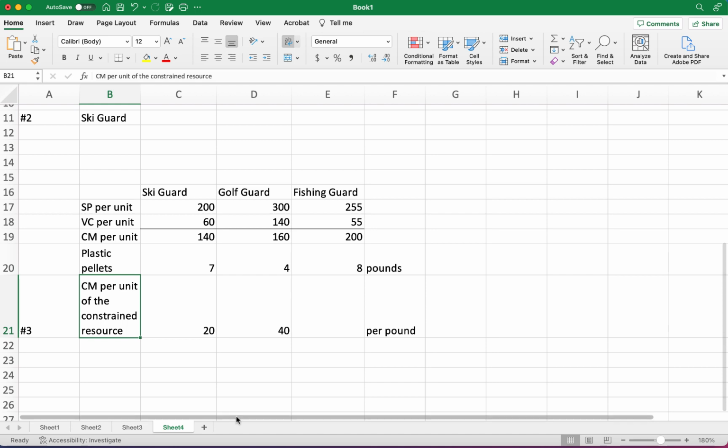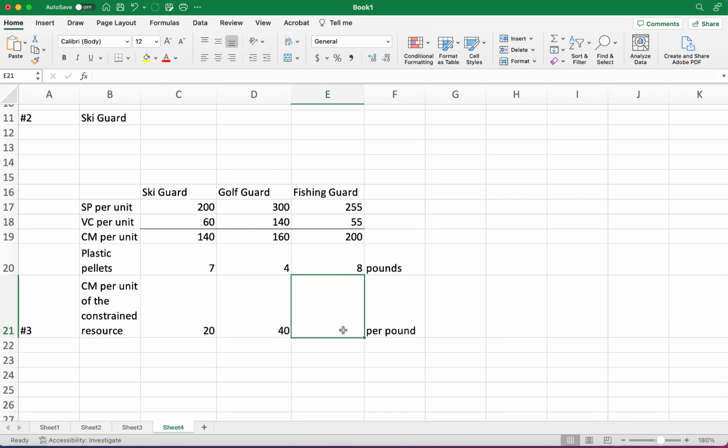Plastic pellets. I just want to change that for us, okay? We're going to do the same thing, right? Fishing guard, contribution margin is $200. We have to divide by the amount of plastic that it takes us to make a fishing guard, because that's our constrained resource. We get $25, okay?